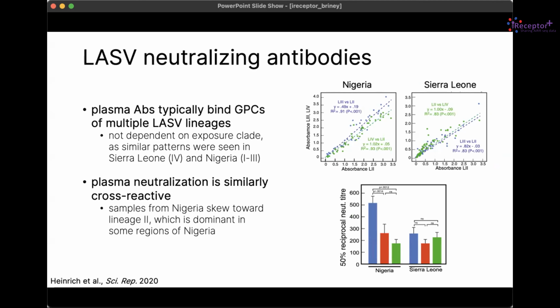In both cases, they saw plasma cross-reactivity across lineages that are not prevalent in the geographic region from which the patient was derived. For example, in Sierra Leone, there was cross-reactivity across lineages 1, 2, and 4, and the same thing in Nigeria, with 1, 3, and 4, despite the fact that lineage 4 is not circulating in Nigeria, and lineages 1 and 3 are not circulating in Sierra Leone.